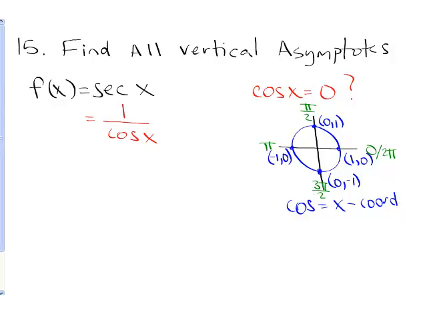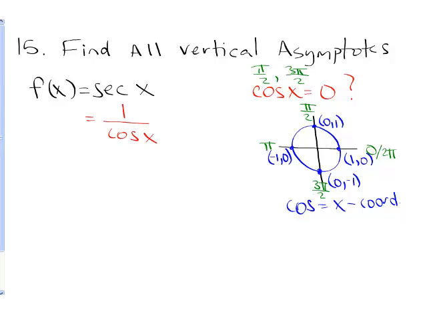So at what two radian measures, which are in green, is the cosine equal to 0? At pi over 2 and 3 pi over 2. And if I kept going, wouldn't it be like 5 pi over 2 up here, 7 pi over 2, 9 pi over 2, 11 pi over 2? Every time you get something pi over 2, cosine is going to be 0.